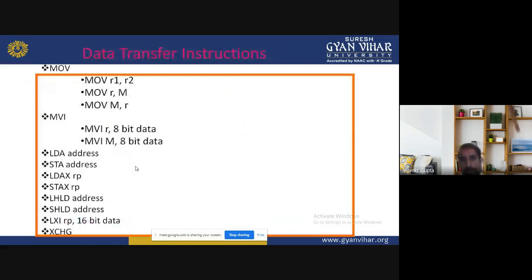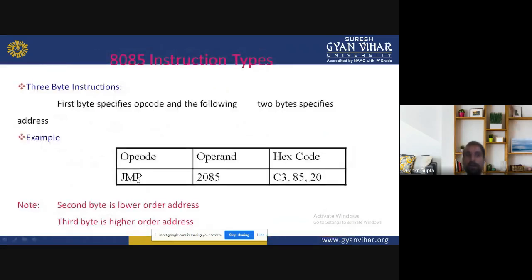One more thing here. Suppose I am providing the instruction JMP 2085. So jump's equivalent is C3, and first of all the lower byte will be loaded to the microprocessor. So first 85 we are loading, then 20 we load. So it is a 3 byte instruction.